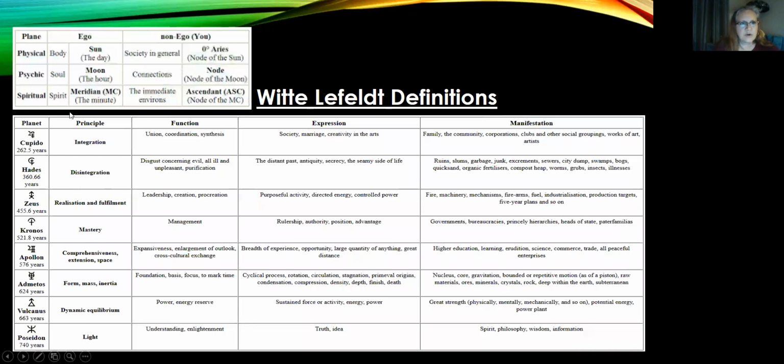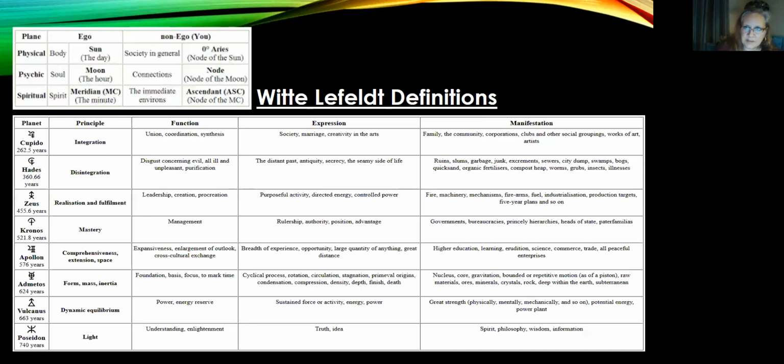I just wanted to show these are some things from the Alfred Whitty book, Rules for Planetary Pictures, and this is how he defined the way these things would work. The sun, I don't know if anybody's learned about this in other things, but the sun rules the day, the moon rules the hour, and the meridian or the midheaven rules the minute.